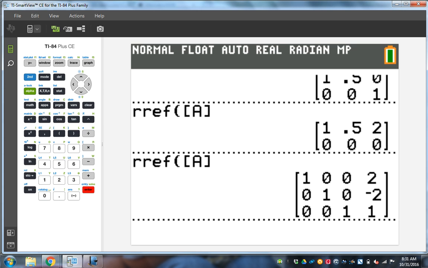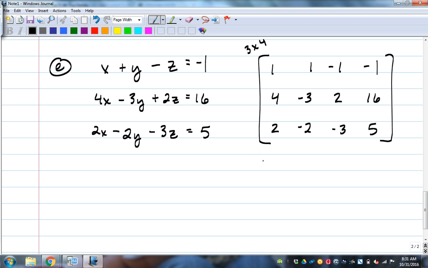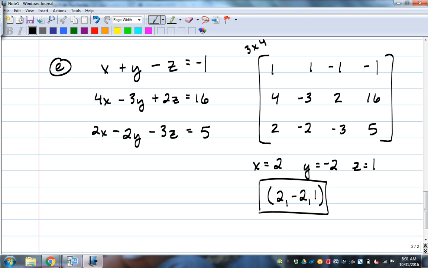So we have one solution. It's consistent and independent. x equals 2, y equals negative 2, z equals 1. That's an ordered triple, and x, y, and z is the order that you would write that in. Again, that's consistent and independent.